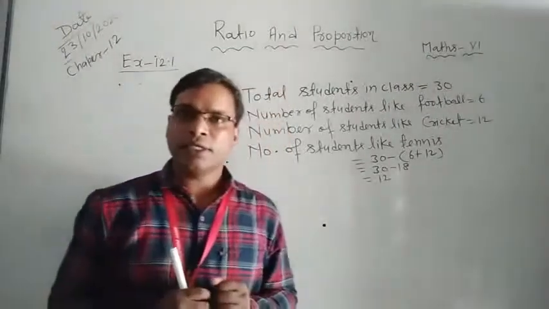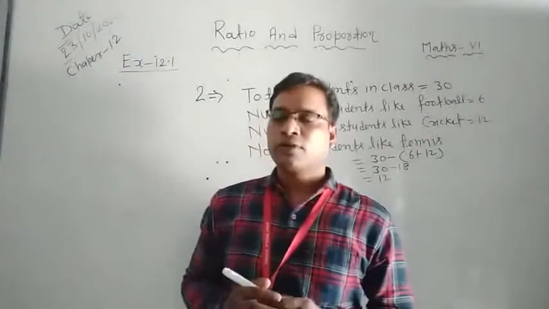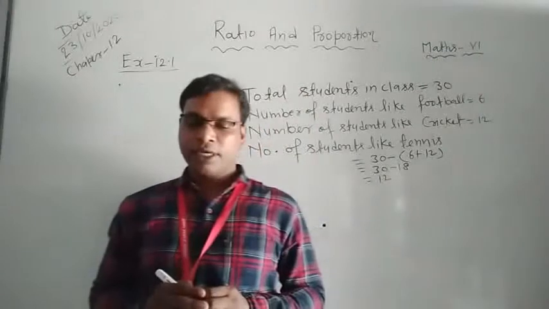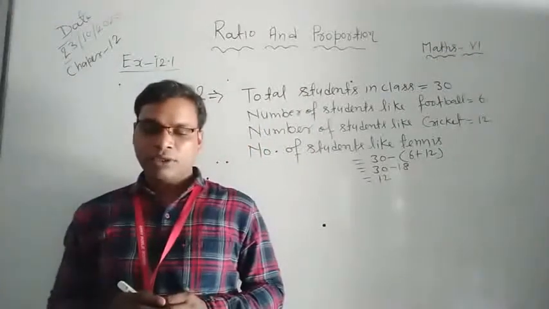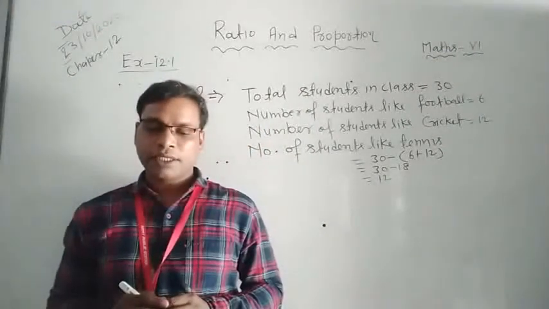So the question arises here. What is the question? Part A of this question is to find the ratio of the number of students who like football to the number of students who like tennis.